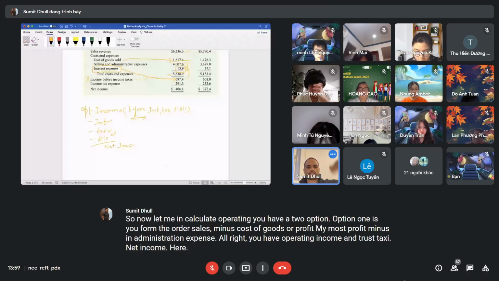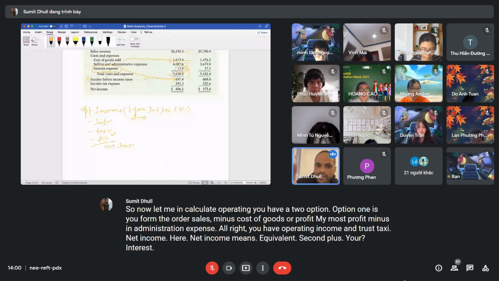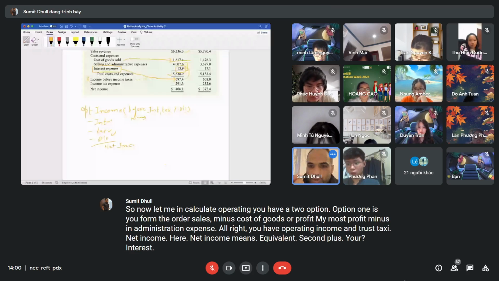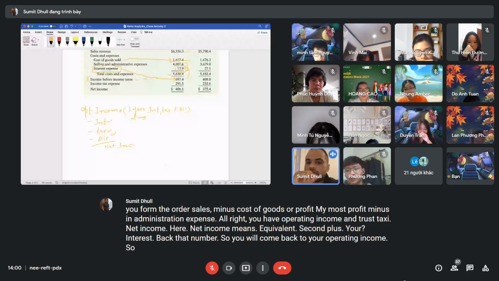Net income means net profit. You know that. Second option is you add your interest back to this number, so you will come back to your operating income.